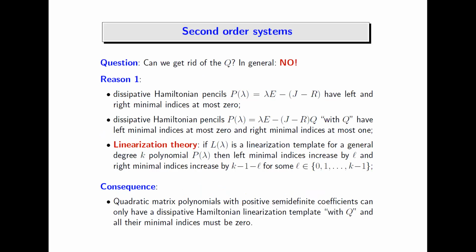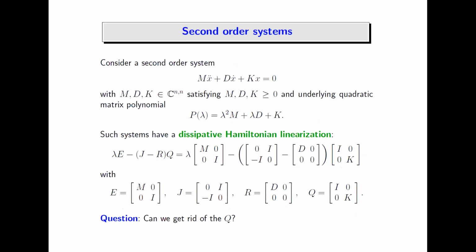Fortunately, the answer is no, and I'll give you 2 reasons why this is not possible. Of course, for some matrix polynomials this may be possible, but by linearization I mean a template that works for all matrices M, D, K simultaneously.